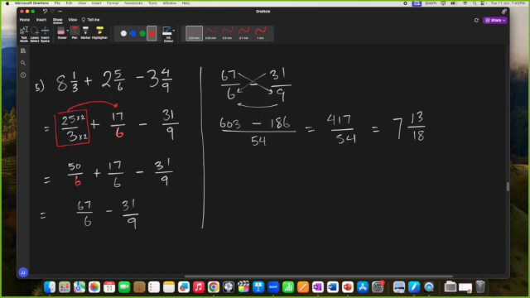So I saw that I could change this 3 to a 6. 3 2s are 6. And so when you're doing equivalent fractions, you have to multiply the numerator by the same thing. So 25 times 2 is 50. So it's 50 on 6 is the equivalent fraction here, plus 17 on 6. And that allowed me to add these to get 67 on 6. You understand, Ayanta? Yes, sir. All right.